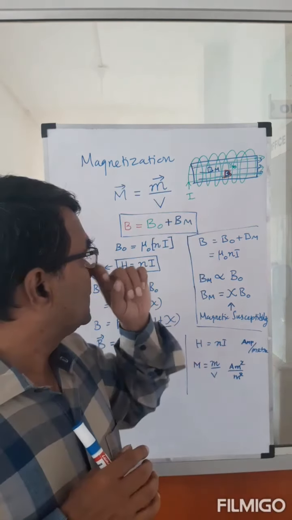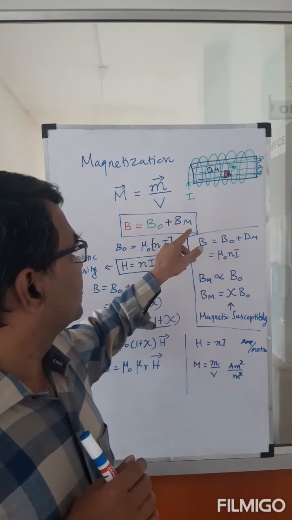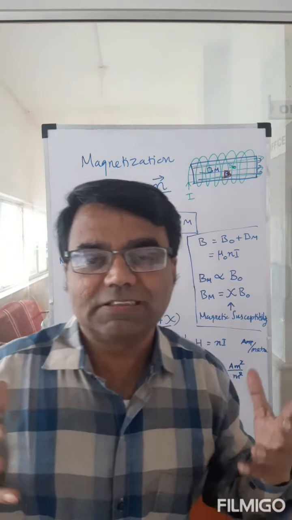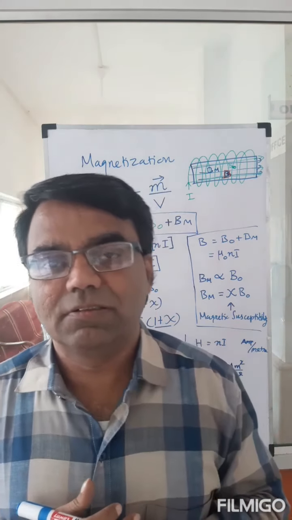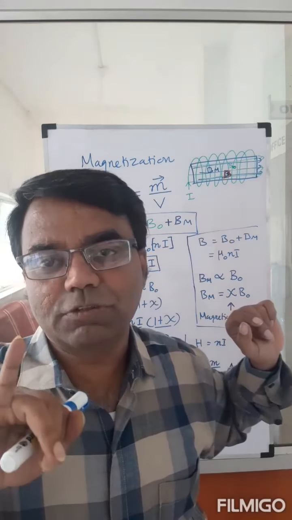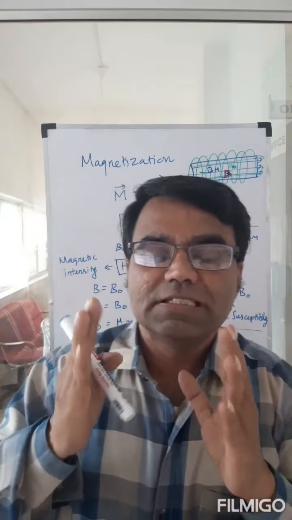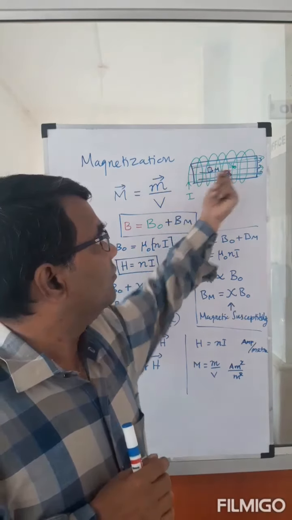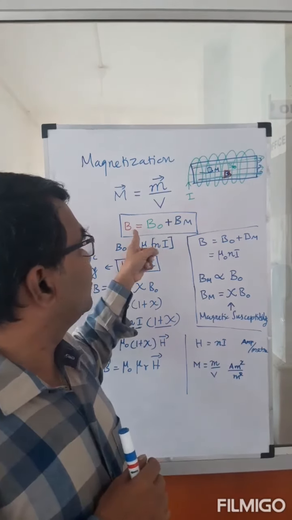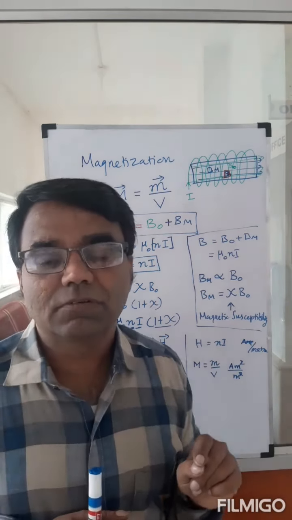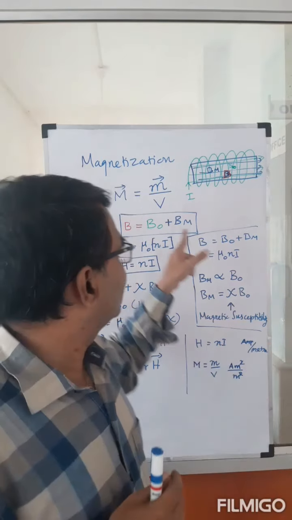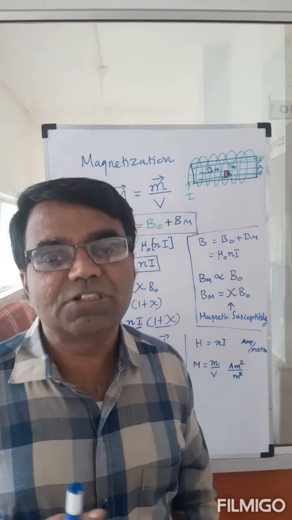So the field that they put would be even 1,000 times greater than B naught. So I have B naught, which has a certain value. Now I put this ferromagnetic material, then the resulting field B will be 1,000 times more than B naught, or 900 times, 500 times, 600 times, hundreds of times more than B naught. That depends on the material.